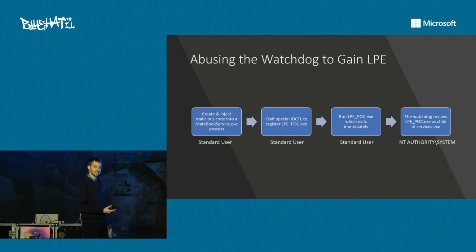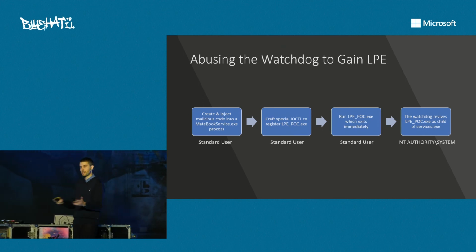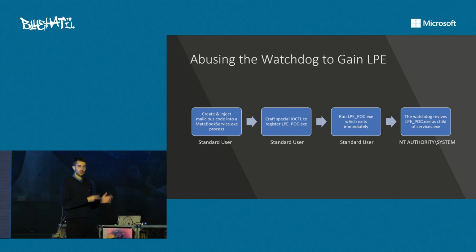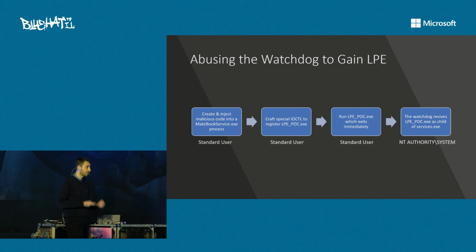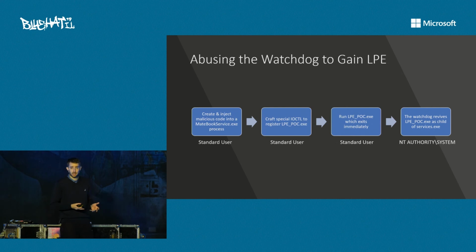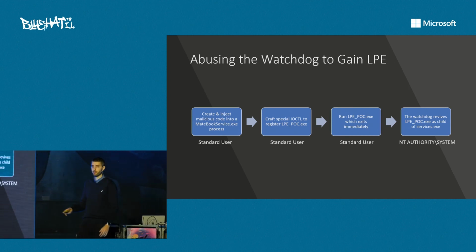We create and inject our own malicious code into some, let's say, Matebook service, which is a trusted process. And we do it from a standard user context. Then we craft a special I/O control from that context to register our own controlled executable, let's call it LPE POC.